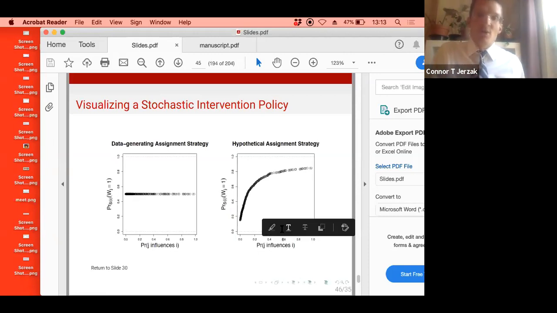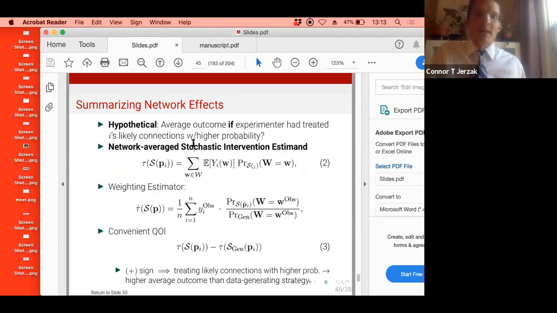Then we can compute a stochastic interventions estimand and use an inverse probability weighting estimator to get at that quantity of interest, which intuitively should tell us what would happen if we were more likely to treat those who are more likely to be connected or not. And that's how we're doing it there.